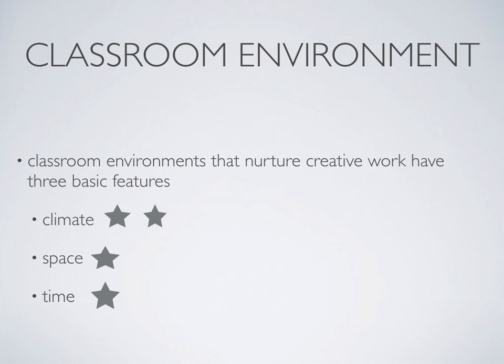You're probably going to move it around a couple times, especially in that first year or 2 when you're trying to figure out exactly who you are and how you run your classroom. Besides that, the bones of your classroom will probably stay the same, and then you will move around seats and desks to best meet your instructional needs. So there are ways that we can nurture creativity, and we're going to talk about those a little bit.